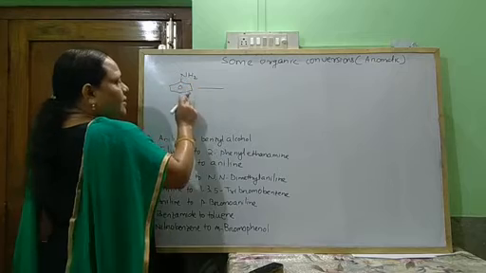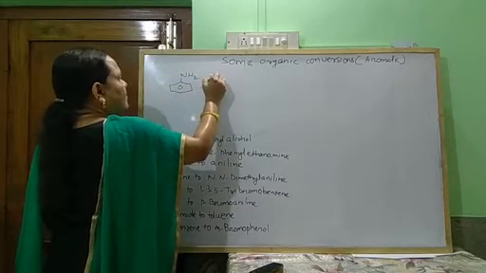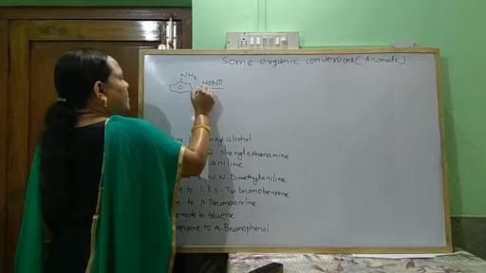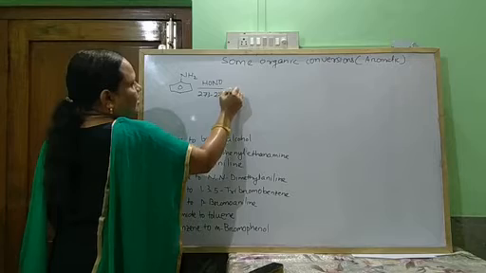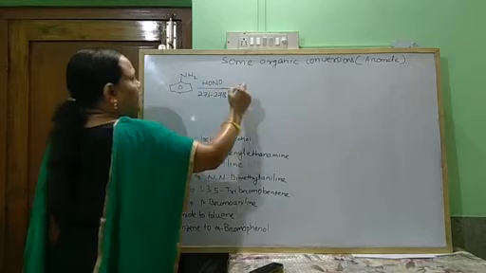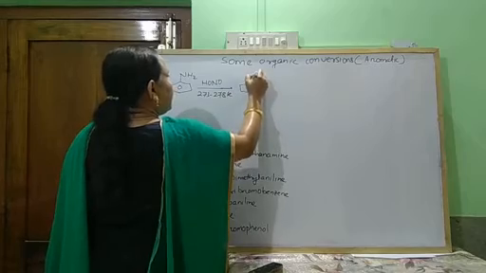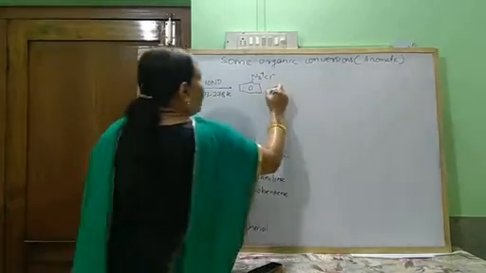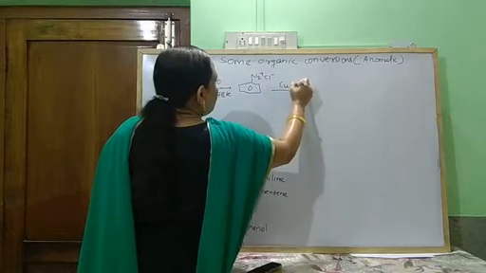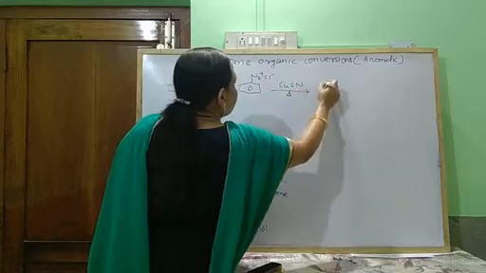So aniline, when treated with nitrous acid at 273 to 278 Kelvin, that is ice cold temperature, forms your benzene diazonium chloride, again treated with cuprous cyanide, and just warm it.